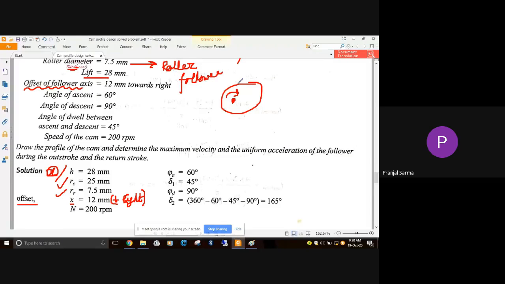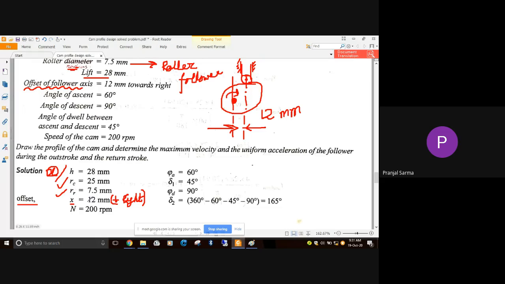In that case, with the offset of the follower given, if the cam is rotating about this axis, then somewhere here towards the right, making 12 mm, your roller follower is somewhere here. This is the offset arrangement. So basically the situation is something like this.